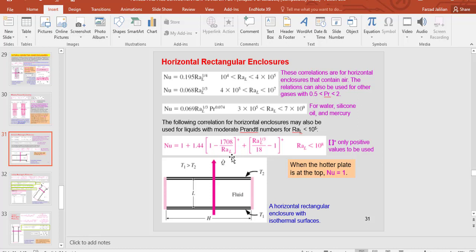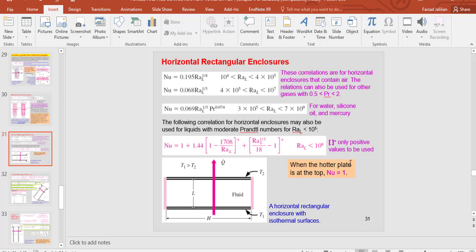All of these equations to calculate Nusselt number are for the condition in which the temperature of the bottom surface is higher than the temperature of the top surface.